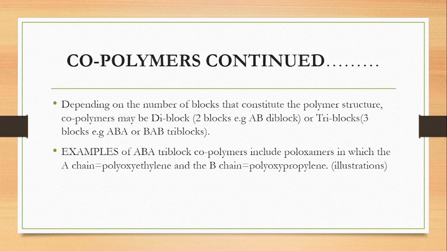When we say polyoxyethylene, there's an ethylene structure connected to another structure. Basically this is an alternation. A starts, meaning polyoxyethylene, then in the middle there is polyoxypropylene, and then next there is polyoxyethylene again.